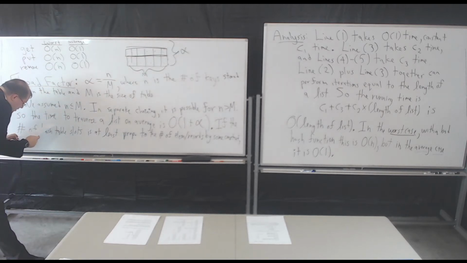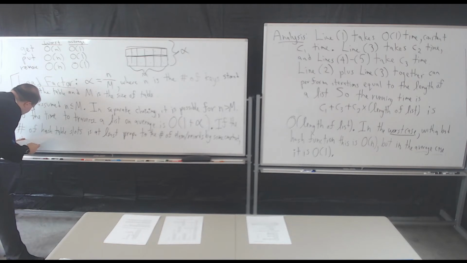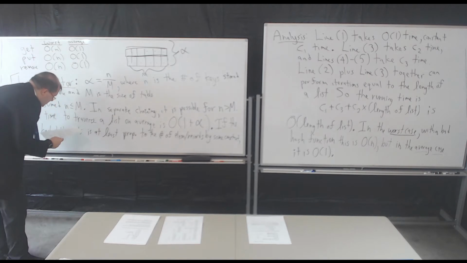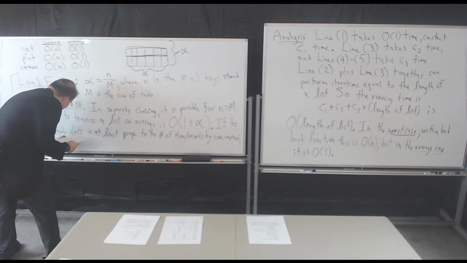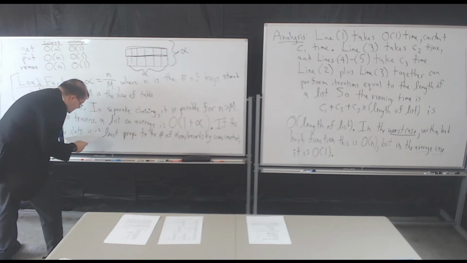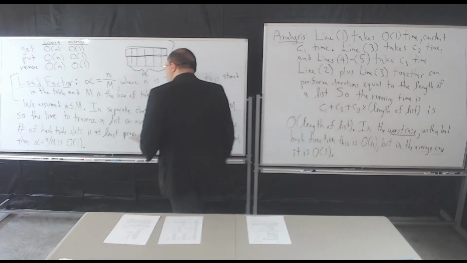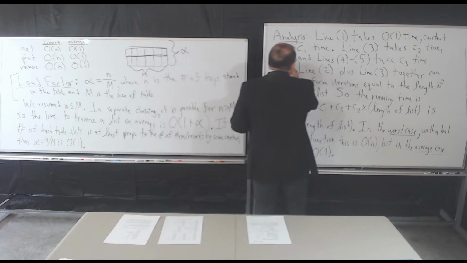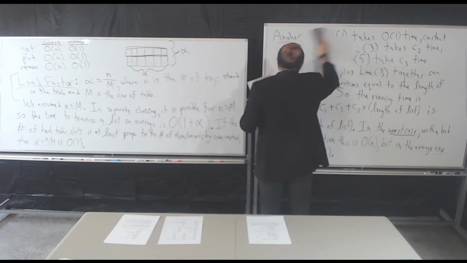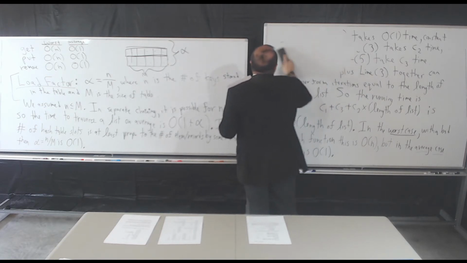So if it's by some constant, what can we say then? Then alpha equal to n over m is big O of 1, right? Is that interesting? So if I make sure that these differ by at most some constant, you get to pick the constant.